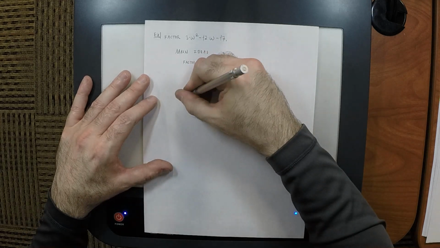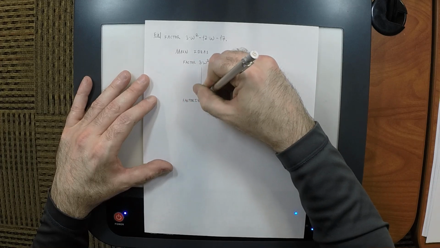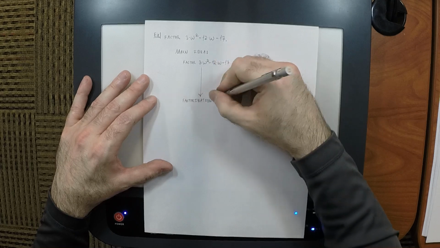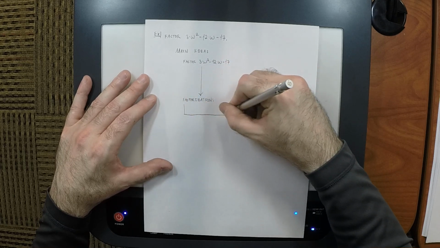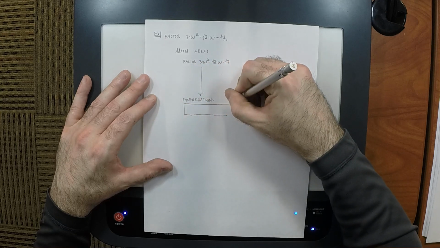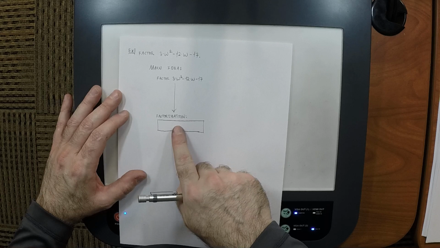And then we'll say something like the factorization is, and write it in this box. Okay, so that's what we want to do.